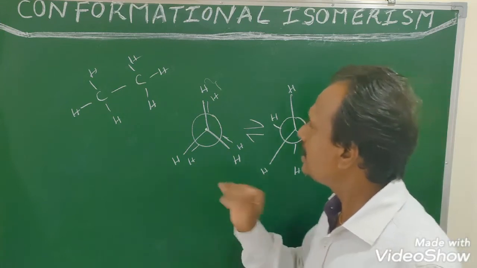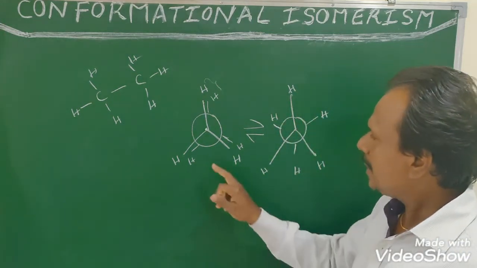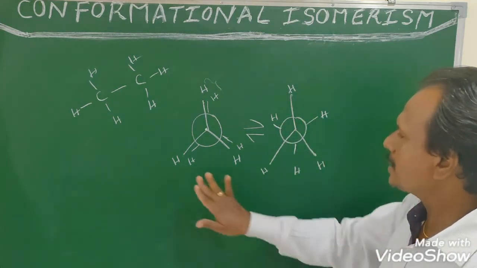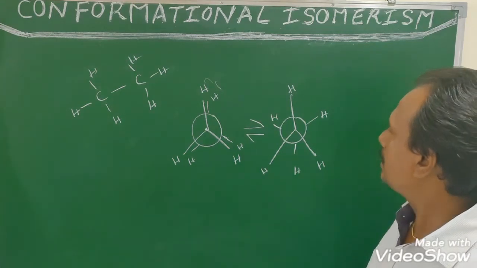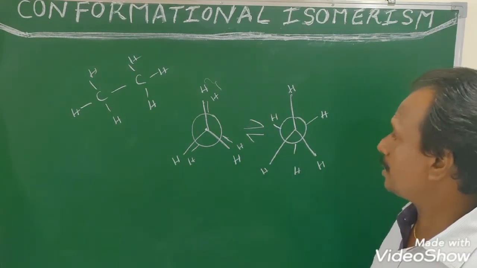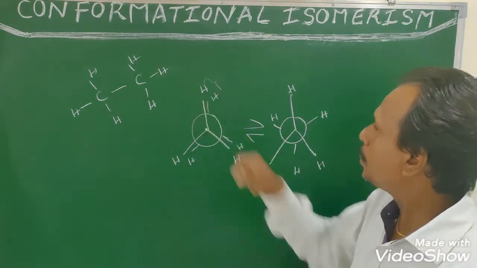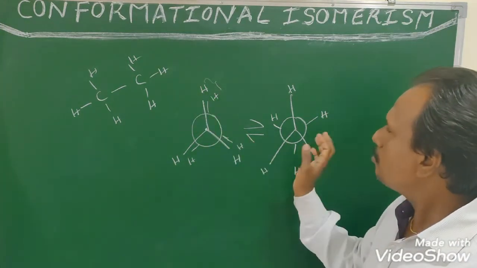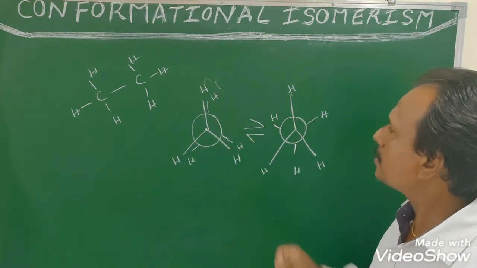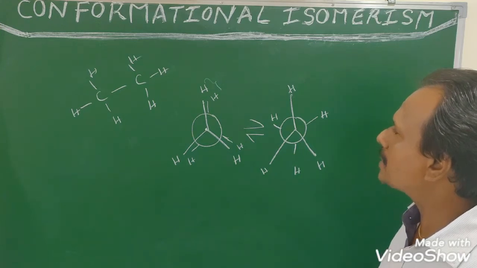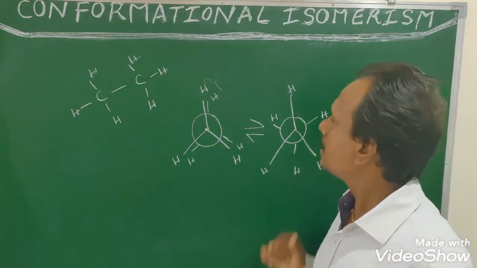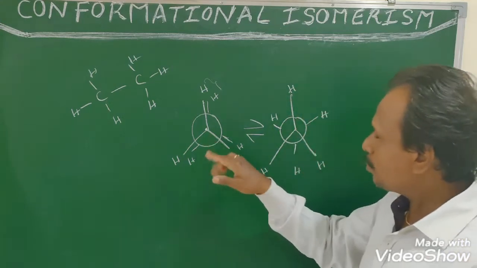That means ethane mainly exists in three conformations. It is called eclipse conformation. It is called staggered conformation. The dihedral angle is 0 here, and 60 here. The conformation in which the dihedral angle is between 0 and 60 is called skew conformation. Why? Due to free rotation, to attain stability.